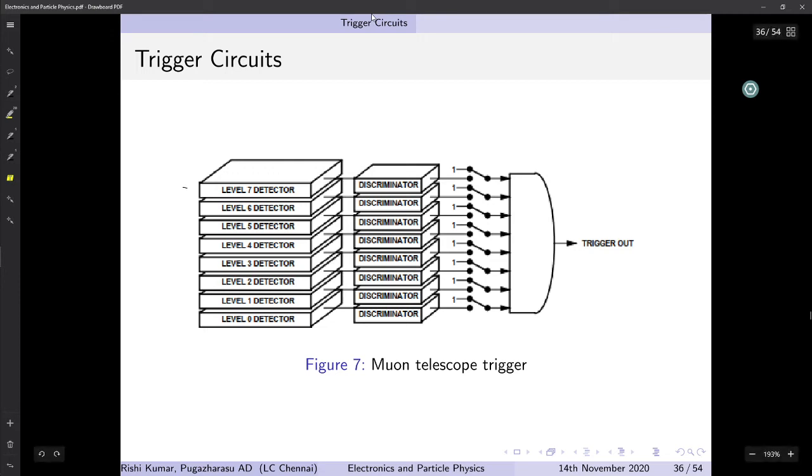Let's say my hypothetical path is this way, but what I observe is a little more radical. What I actually observe is high intensity here, a little bit lesser intensity here, and here is the least intensity. So I can conclude that my muon did actually take this path through the detector.